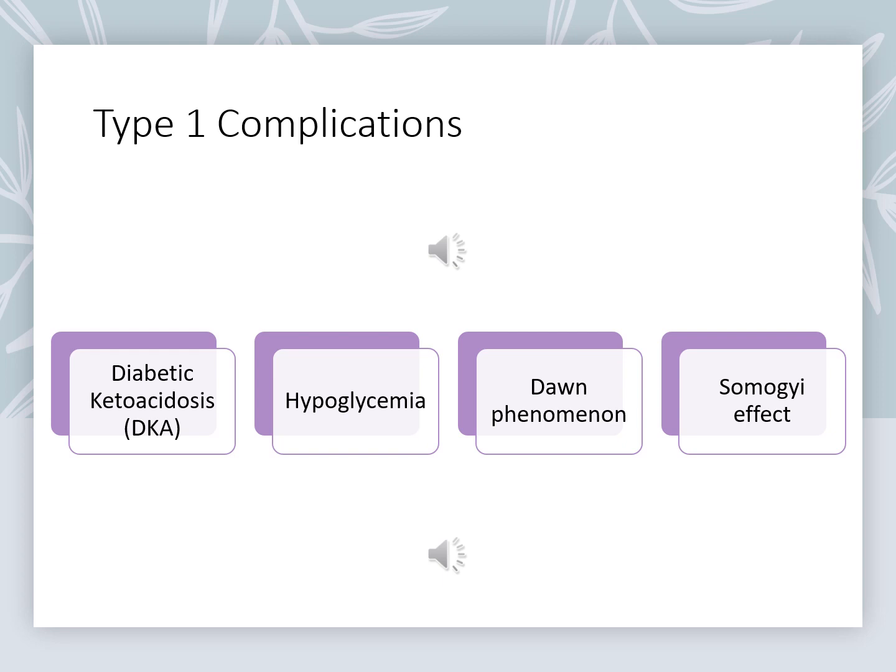Dawn effect is a form of hyperglycemia. Dawn effect is when the cortisol and the growth hormone at night is released, and it signals the liver to boost production of glucose, which should help with the energy for waking up. So we've got these hormones that are going on, causing our blood glucose to increase.